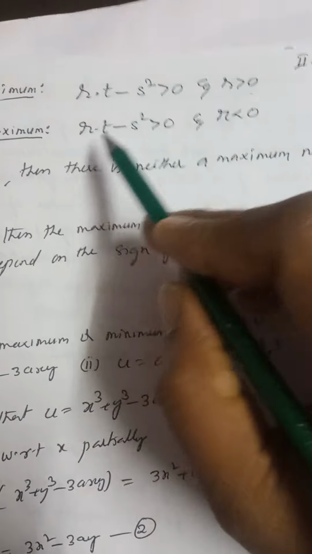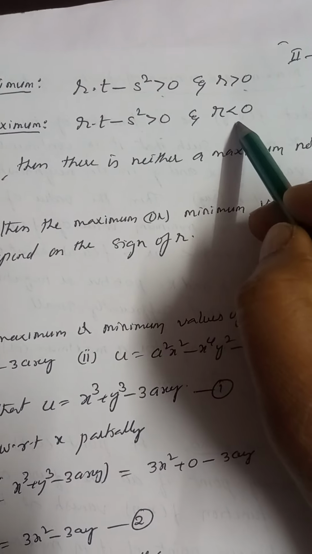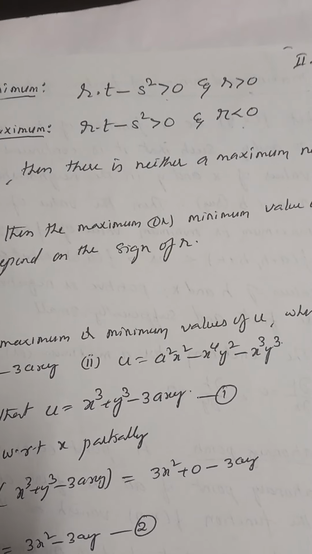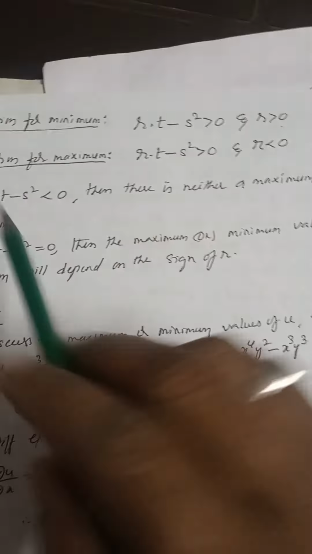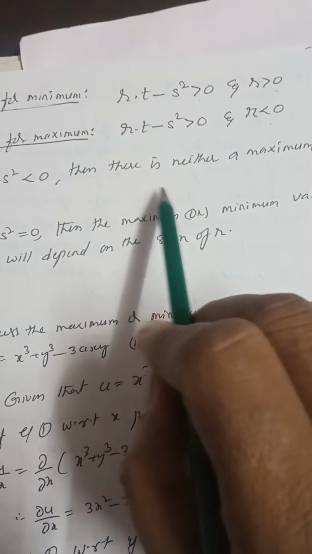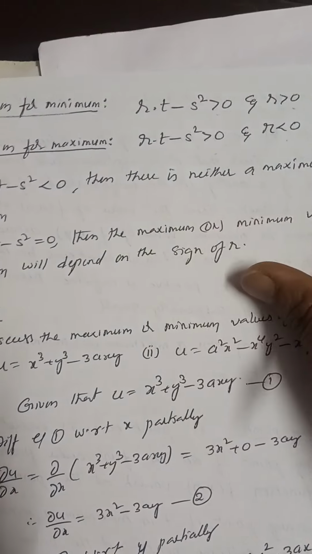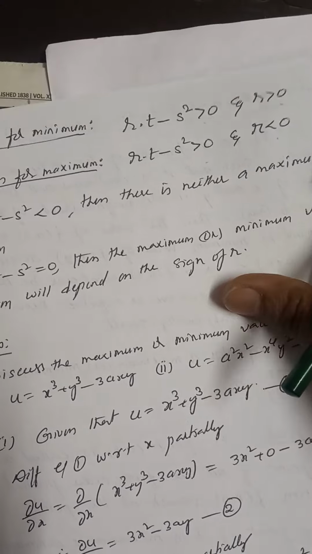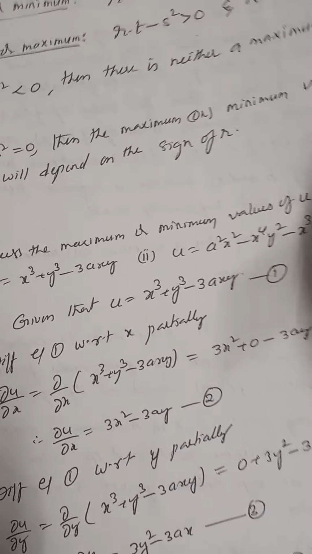If rt minus s squared is greater than 0 and r is less than 0, then the function has a maximum value at the given point. If rt minus s squared is less than 0, that means a negative value, then the function has neither a maximum nor a minimum value.